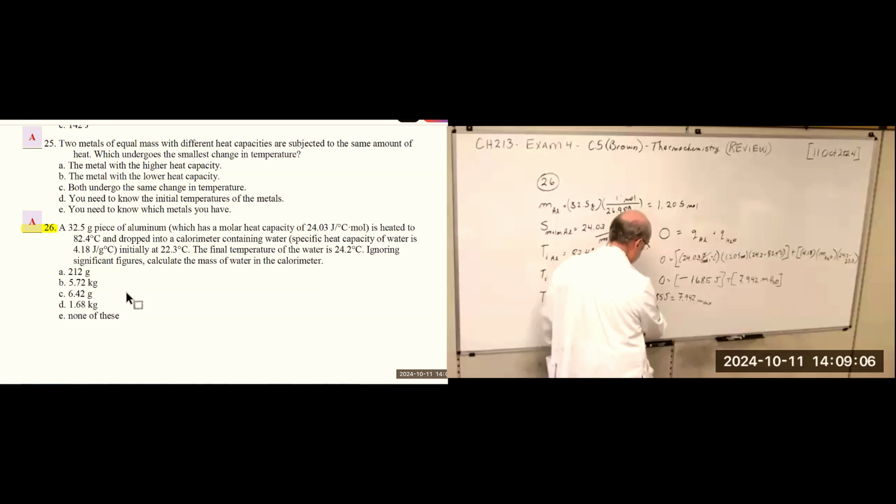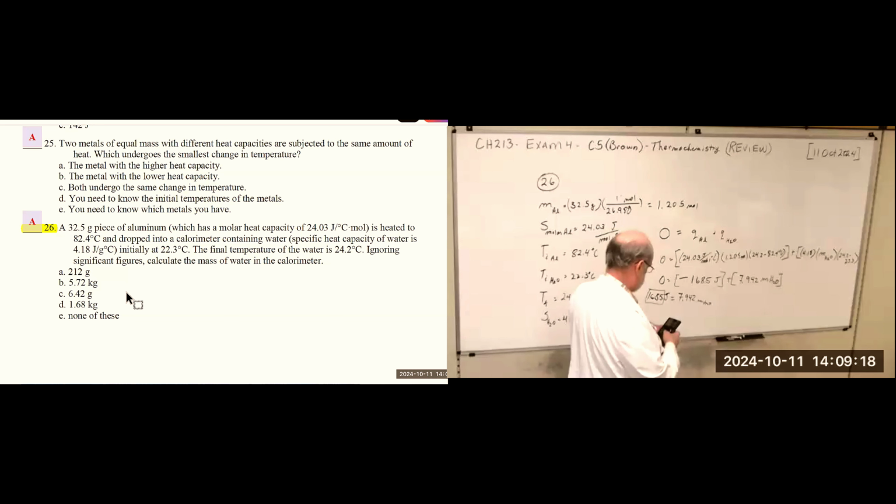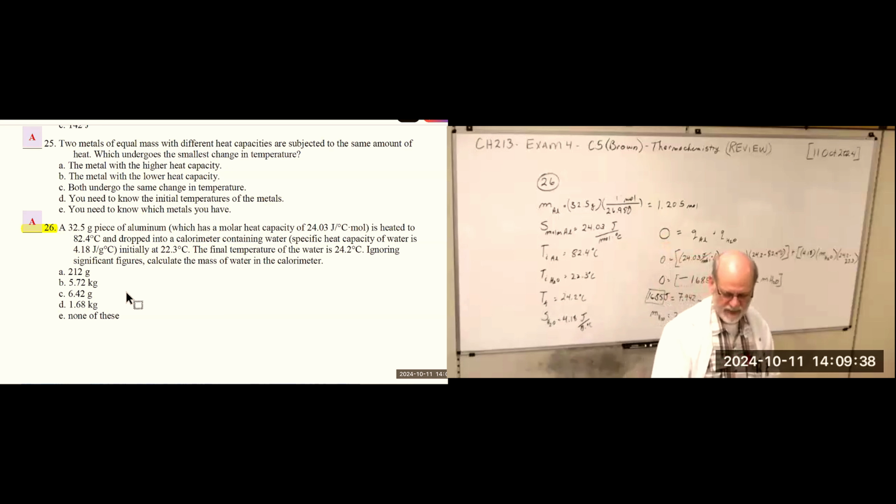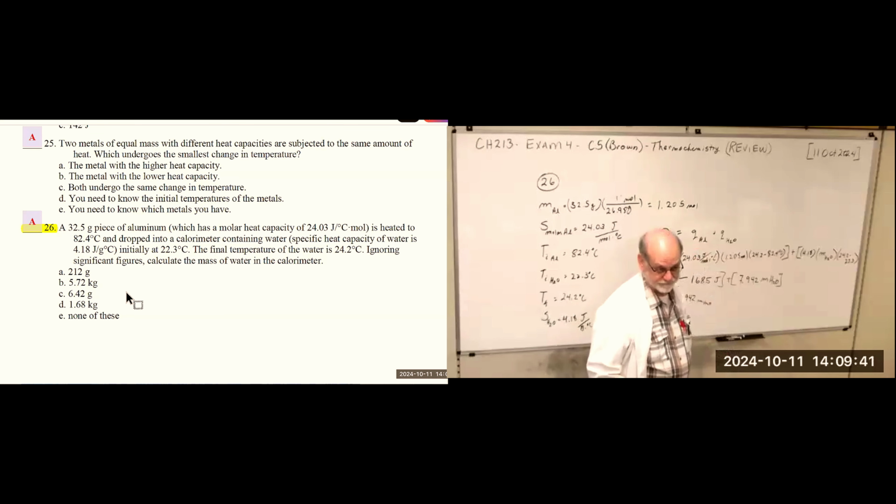So the mass of water is, that looks like a 5, that's joules, 1685 divided by 7.942. So the mass of the water equals 212 grams. Yeah, it asks for mass, 212. So that's A. Okay.